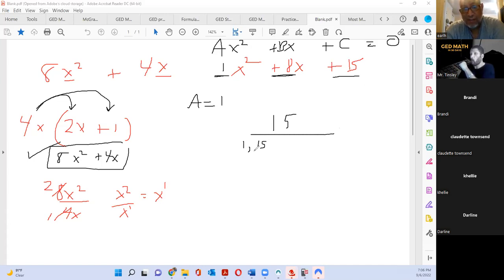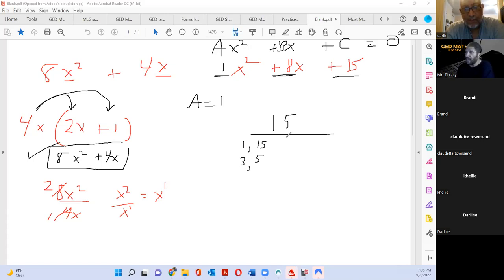Can 2 go into 15? No. Can 3 go into 15? Yes, 3 times 5. 4 and 6 don't go into 15, and 5 we already had, so we know we're done. Once you get to a number already in your list, you're done.